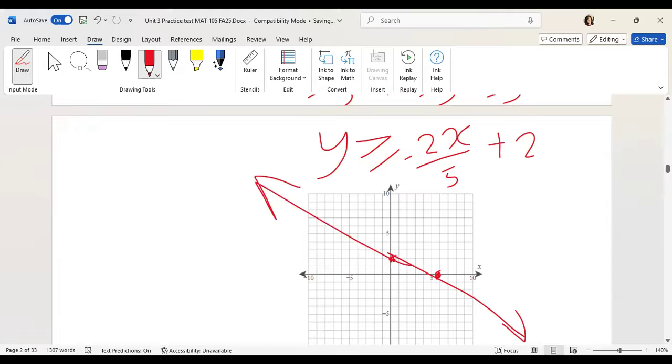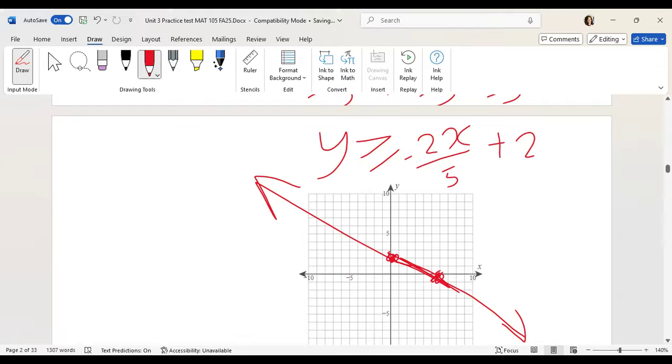Tell me if the solid line is good or do I need to change anything? The inequality sign says greater than or equal to. Somebody, another person, because we already know this. This is a review class. We're supposed to have known this.